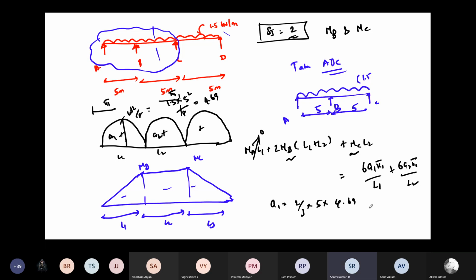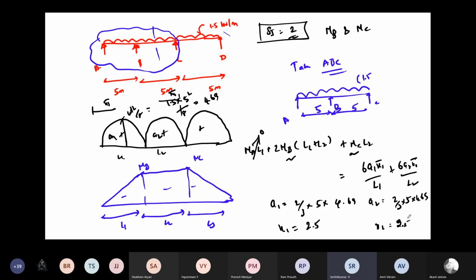So 2/3 L H, and x1 is L by 2, 2.5. Same way A2 also 2/3 times 5 times 4.69, and x2 equals 2.5.